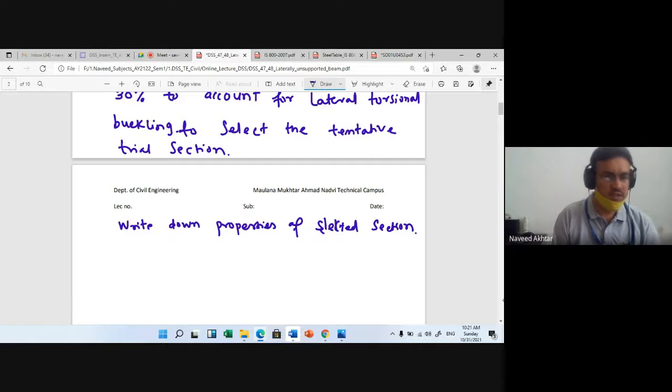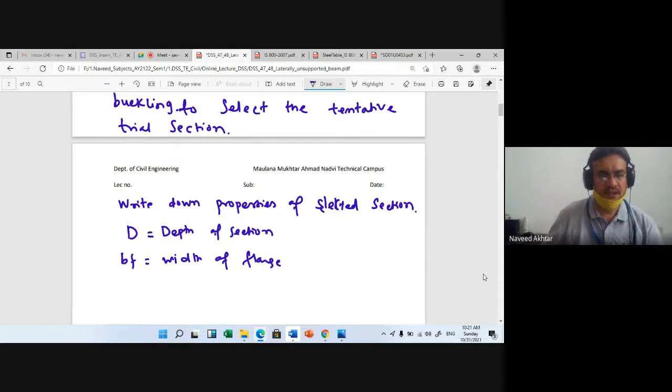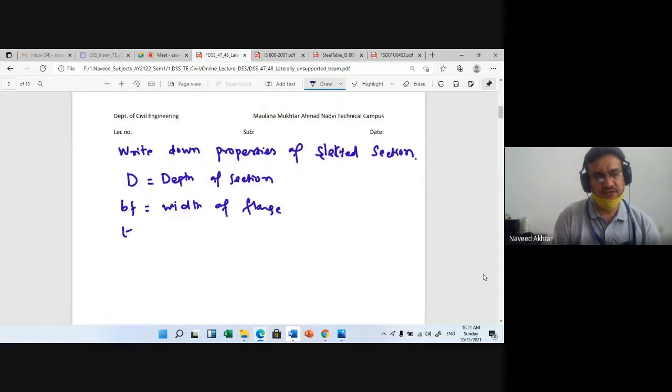That is, D is the depth of section. B F is the width of flange. TF is the thickness of flange.